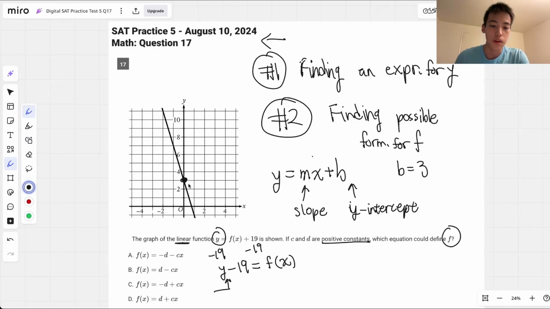And remembering that slope is rise over run, we have rise as 1, 2, 3, 4.